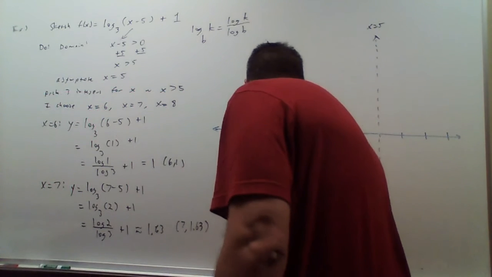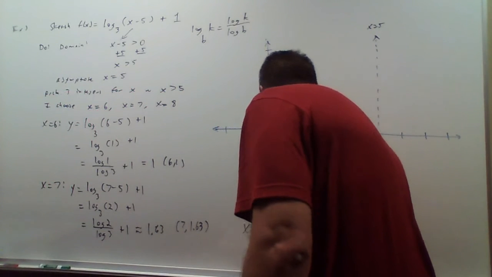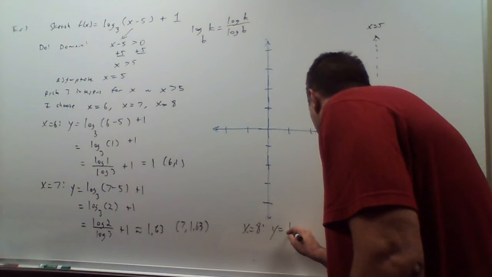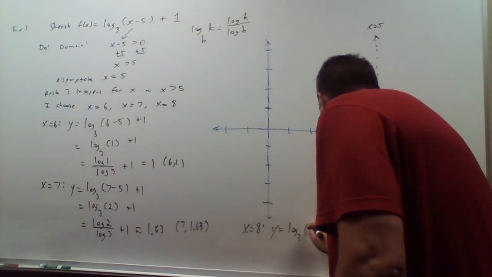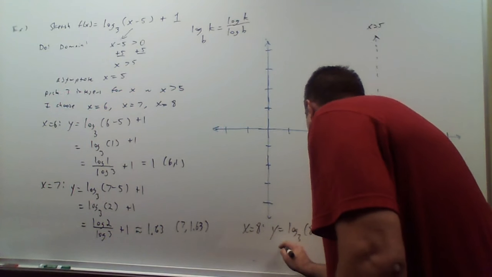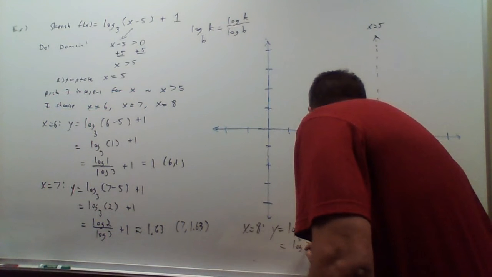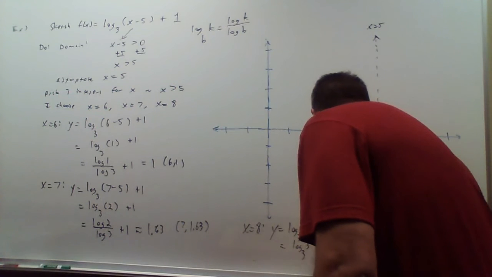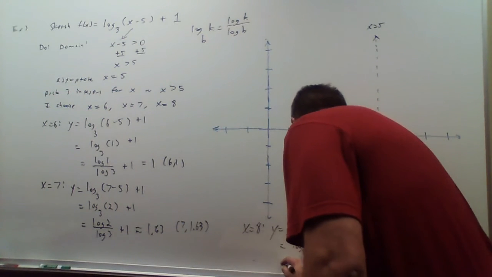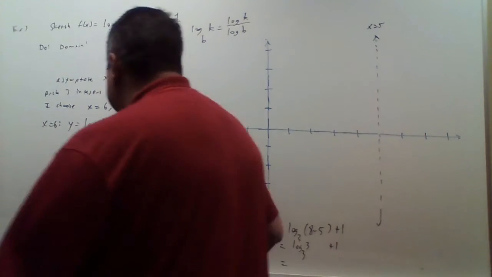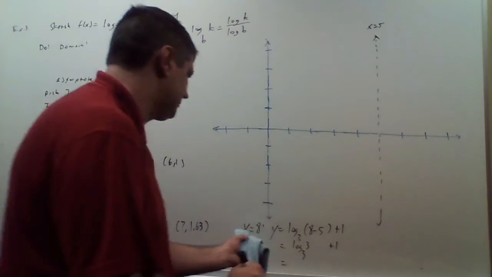Finally, at x equals 8, y equals log base 3 of 8 minus 5, plus 1. That's going to be log base 3 of 3 plus 1. Let me erase that because I made things a little bit too big.